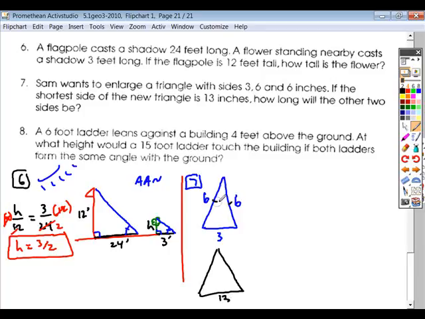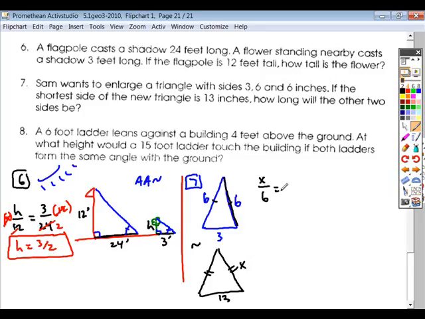You still are going to have this isosceles triangle, and because we're enlarging a given triangle, we know they're going to be similar to each other. So we can set up our ratio. If we want to know this unknown side, which I can call x, we set up the ratio x is to its corresponding side, 6.